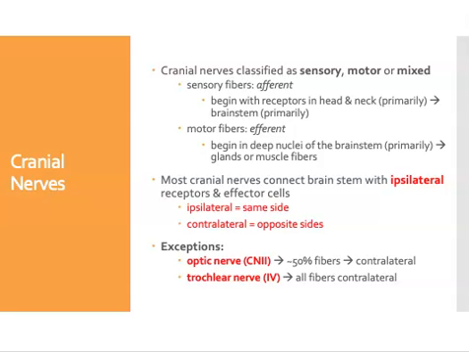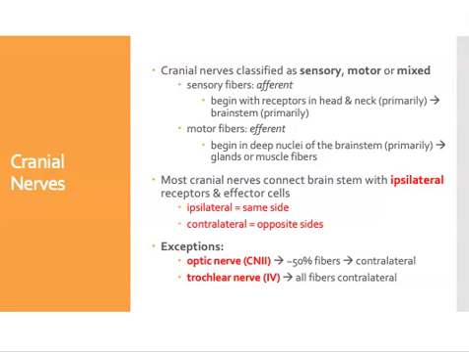Remember, that term ipsilateral means same side, and the term contralateral means opposite side. So for most of the cranial nerves, they are making connections on the same side. The cranial nerve is connecting to a receptor or to an effector cell on the same side as the nerve, on the left, for example, or on the right.